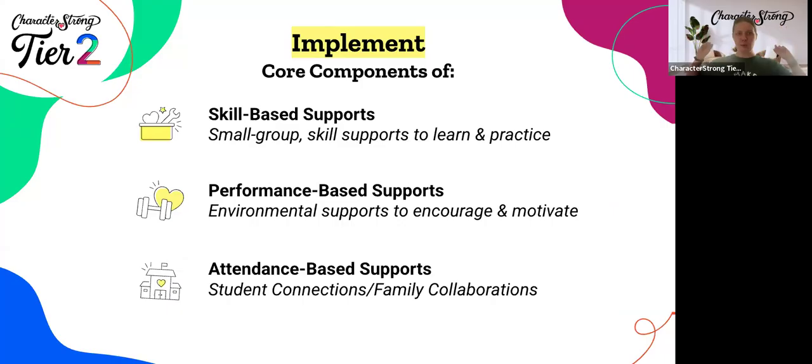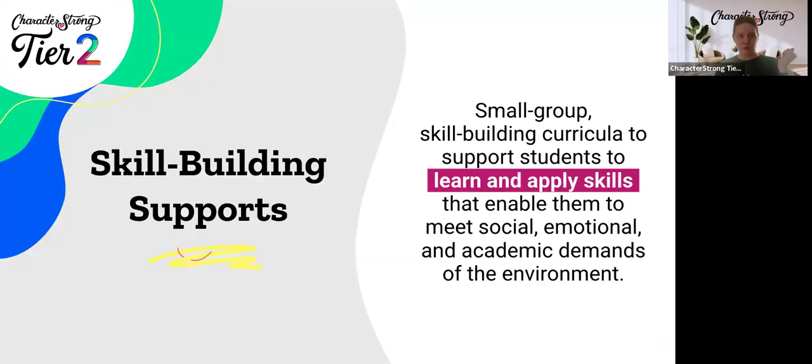We're in step 4 right now, but I promise we'll come back to those steps as well. This is going to be a pretty big chunk talking about implementation of the supports. We're going to start with the skill support first. We picked that one for our pretend Nicole deep dive student, so we're going to talk about skill support first.